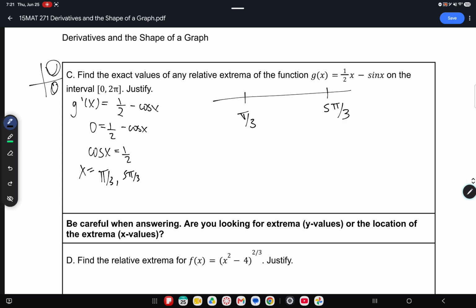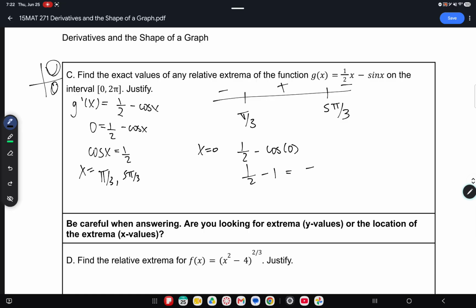And then I want to test values here. Their multiplicity is odd, so it's going to cross every time. So I could do x equals 0. So cosine would be 1. 1/2 minus 1 is negative. So all right, we keep switching here. And then I'll plug that in, 1/2 minus cosine 0.